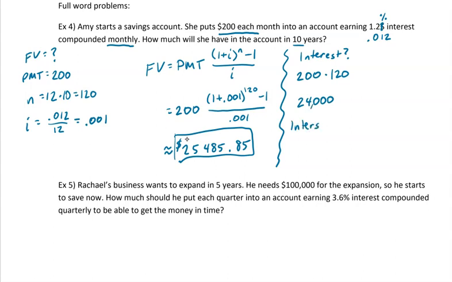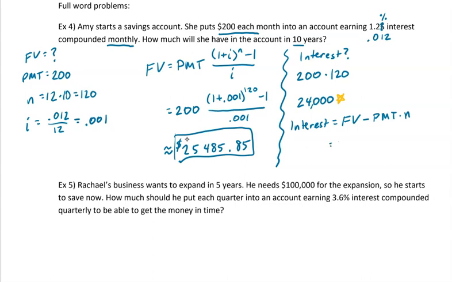Now, to get the actual interest, that's going to equal the future value minus this that we just got. So it's minus the payments times the number of payments.